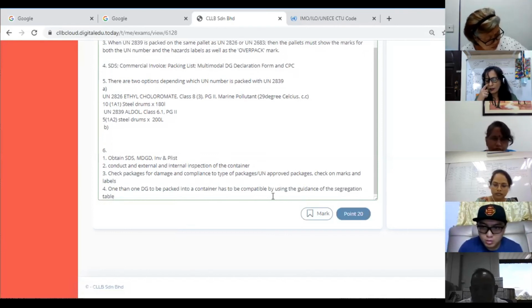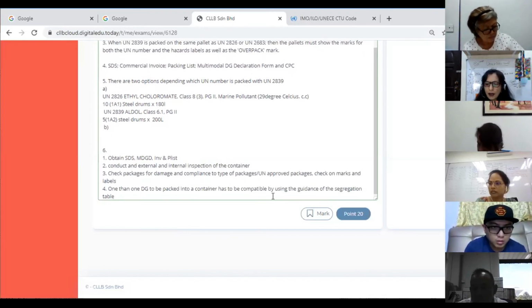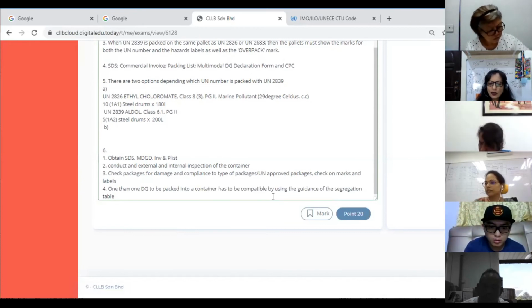And then you can add some more if you want. There's so many more, but they only ask you for 4. All right, so before you can even start packing the container, these are the things that you'll do.